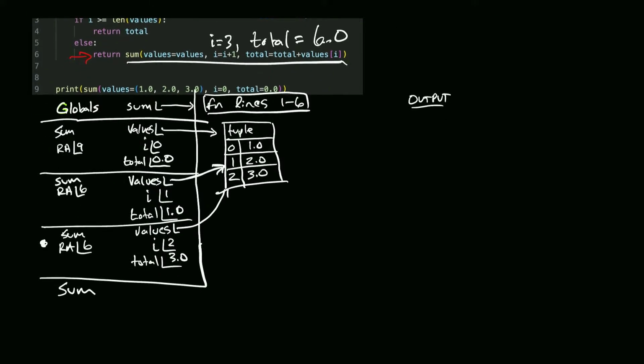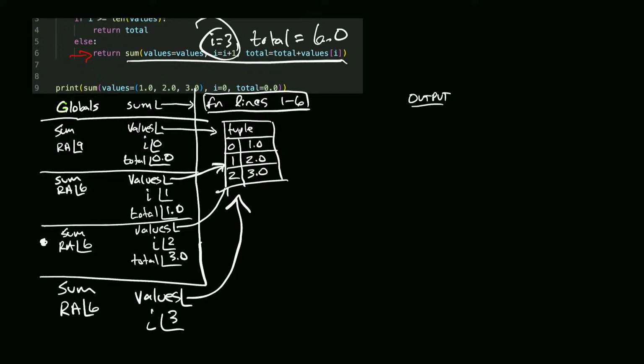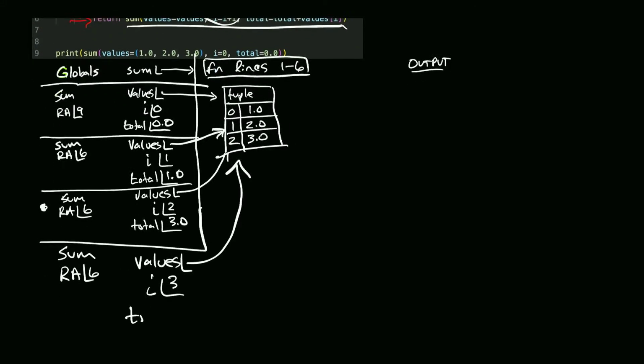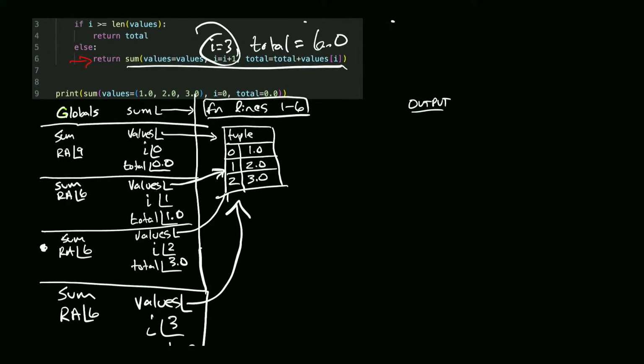So we go here and we say that our return address is line 6, and our values is still the same, right? But i is now going to be 3, right? That's what we just calculated. And total is going to be 6. Right? So that's how we got into this.